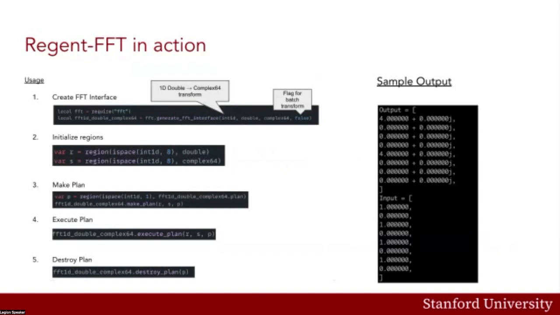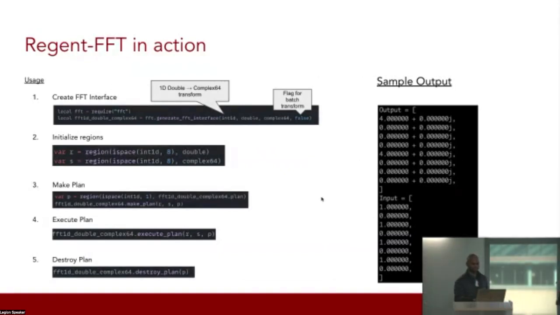So this is basically the library in action. The first thing we want to do is create the FFT interface, depending on the kind of transform we're doing. This is a very simple one-dimensional double to complex 64 transform, so the parameters here are double and complex 64. Then we have a flag for whether it's going to be a batch transform or not, and then we initialize the regions here.